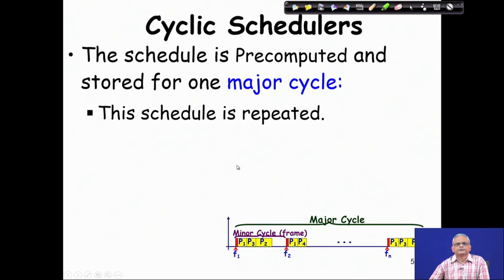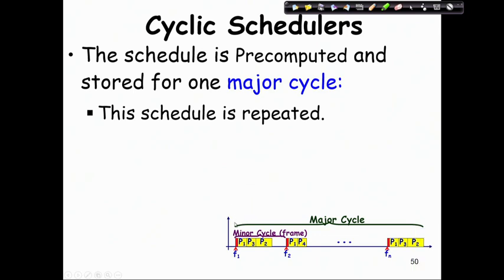So, this 1200 millisecond, or the maximum period for which we need to maintain the schedule, is called a major cycle.